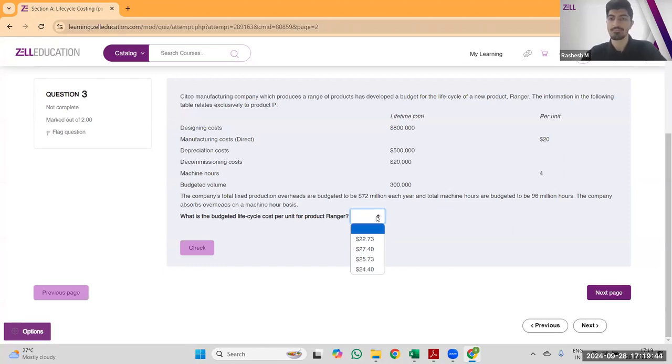Isha, that's correct. Remember simply to include all costs and find a life cycle cost. Sanjana, that's correct. You round to your closest answer.